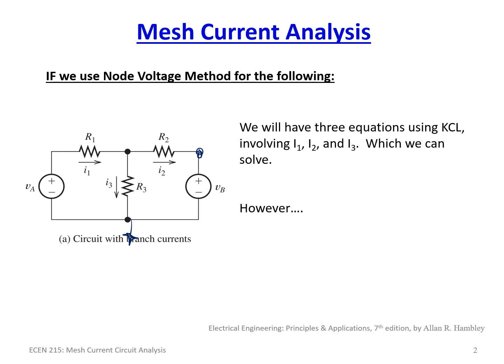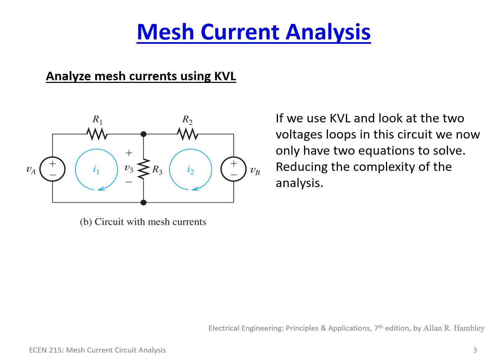But I also have to figure out currents I1, I2, and I3, so I have to write a set of equations for this. We ended up with 3 equations using KCL involving I1, I2, and I3, which we can easily solve. However, if we use mesh current, which is what I'm about to describe, we only need to do 2 equations.